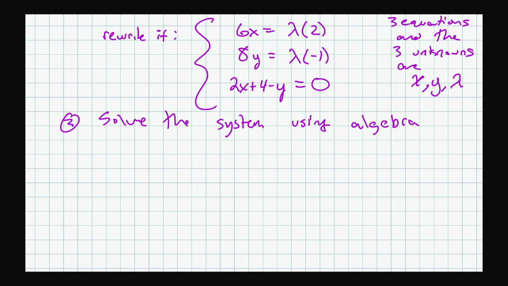If I number these, like 1, 2, 3, the way I'll solve this is I'm going to solve 1 for x. And I'll get x equals 2 lambda over 6, which is lambda over 3, right?